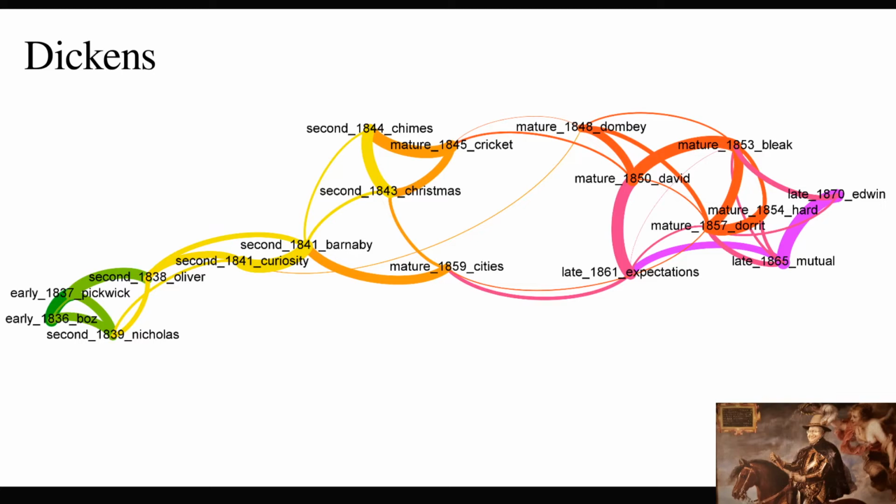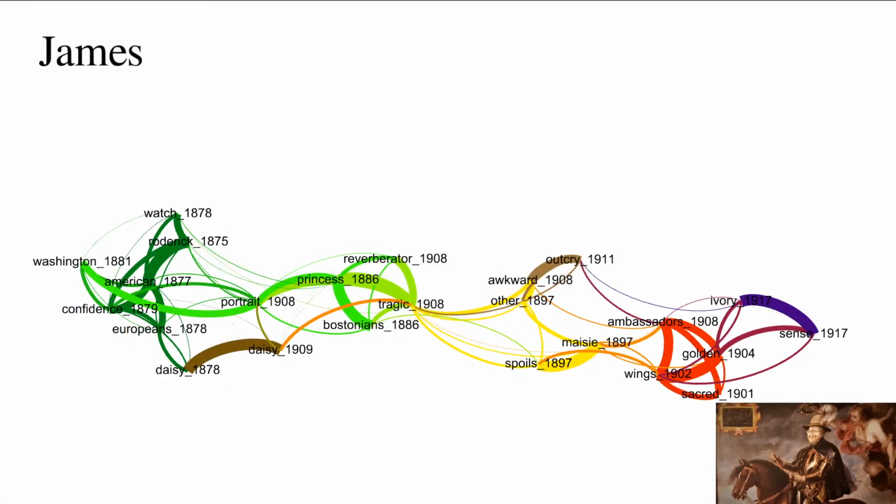Then we have the yellow, which is the first period, or the second period, depending on how it's called, and then the mature period, which is red, and then the late period, the last three texts he wrote. You can see that the chronological evolution here is very, very strong. The same is true of another major author in English, Henry James. You can see how he too moves from green on the left to purple on the right.